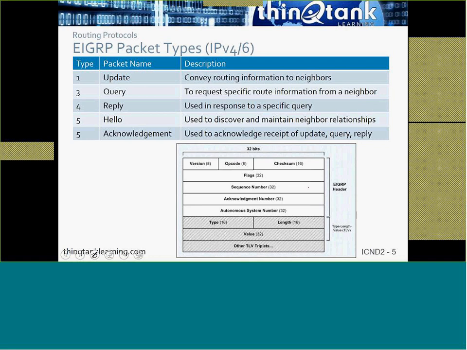Perhaps one of the most important aspects of the Eigrp header is this right here, the Autonomous System Number. It's called an ASN, Autonomous System Number. And this is unique to 2 protocols. BGP uses an Autonomous System Number, and Eigrp uses an Autonomous System Number.